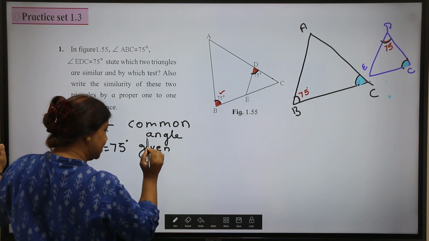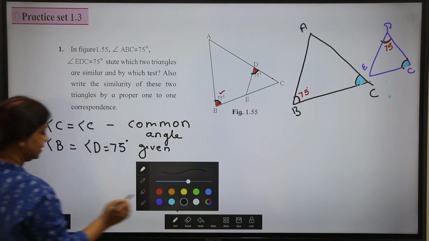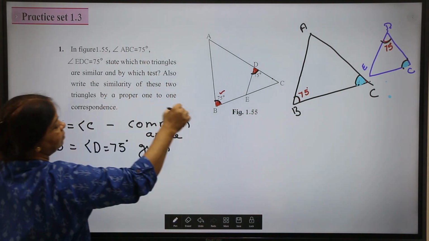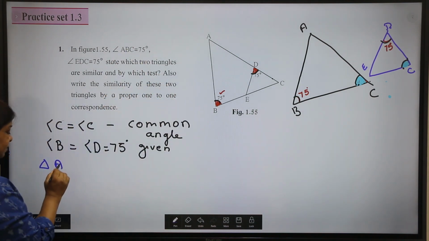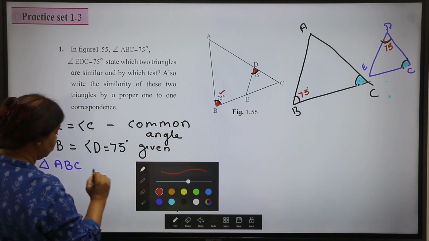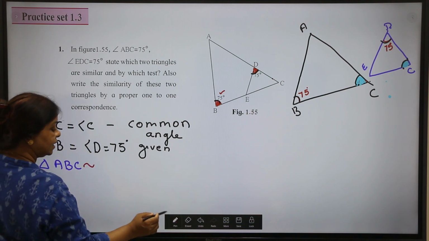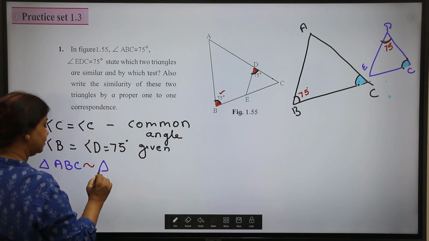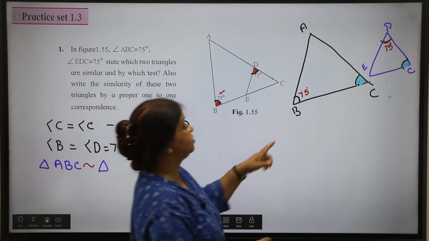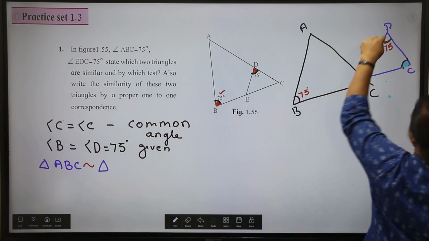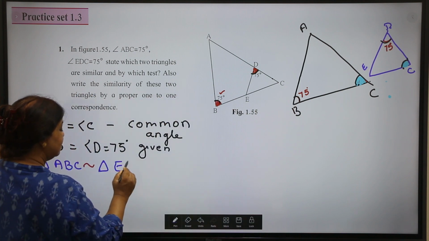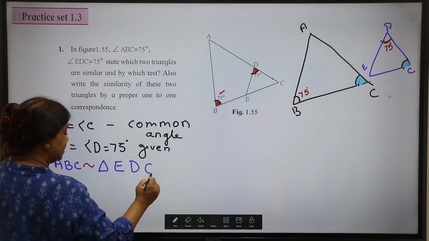So we can easily say that triangle ABC is similar to triangle. Now ABC is similar to which triangle? EDC. Why I am writing E first, D, then C?